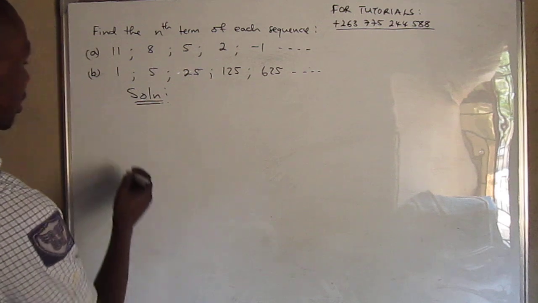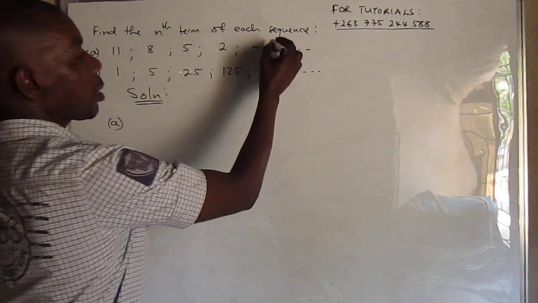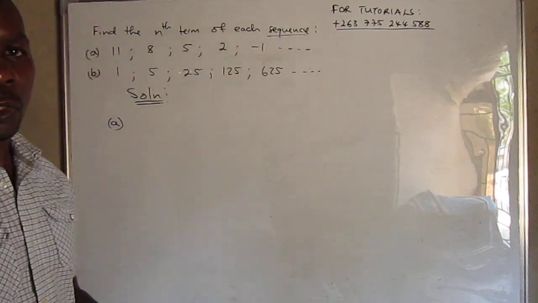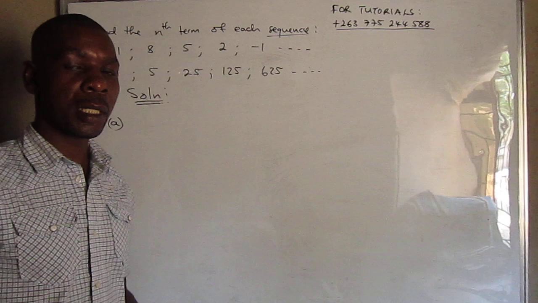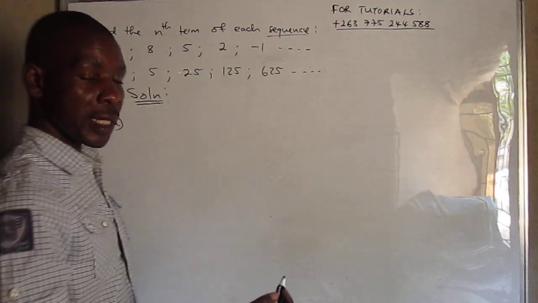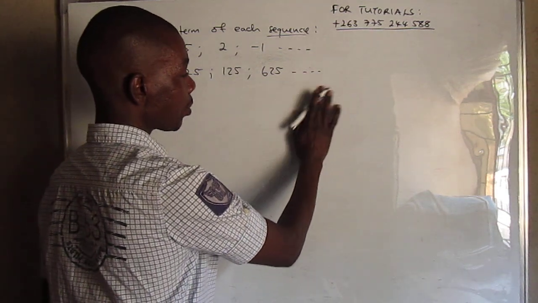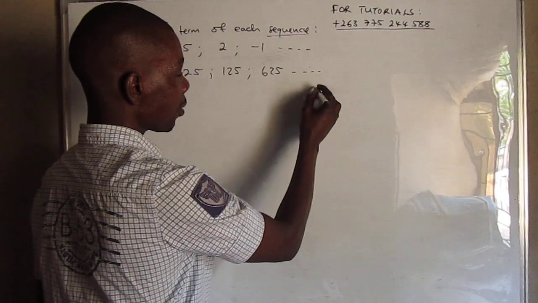Right, for part A, whenever you are dealing with sequences, you have to differentiate between an arithmetic sequence and a geometric sequence. So for an arithmetic sequence, we will be given the first term and the common difference.